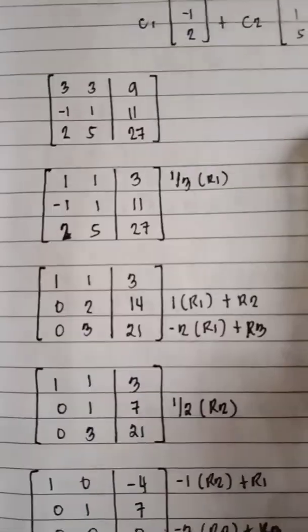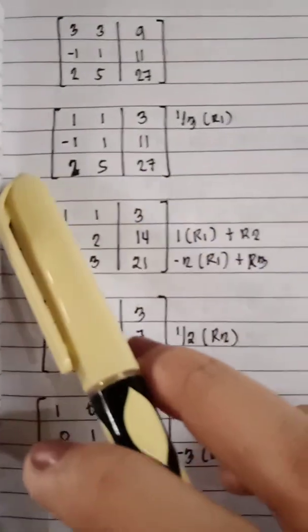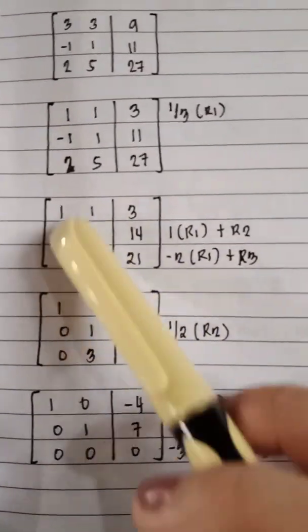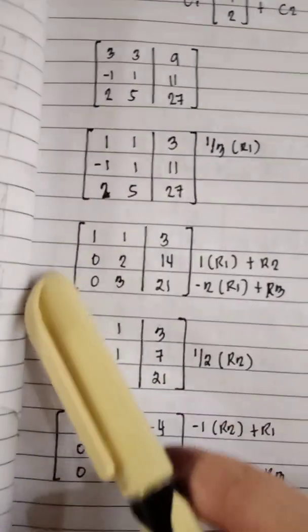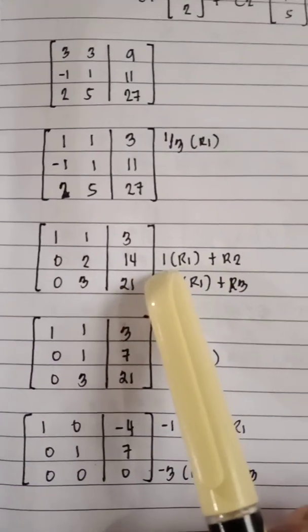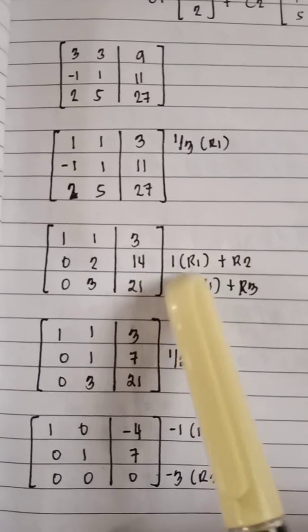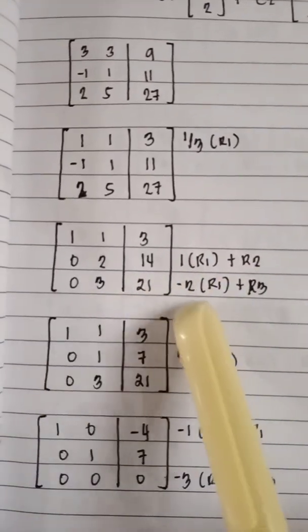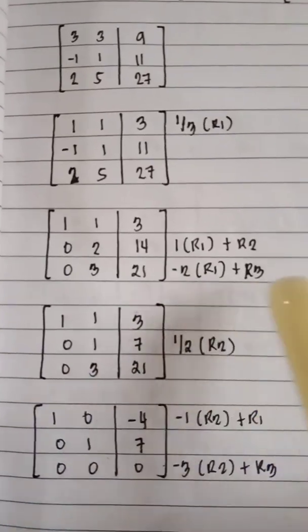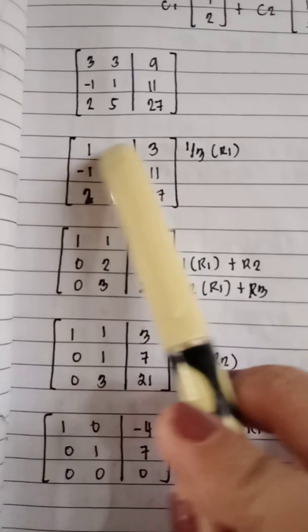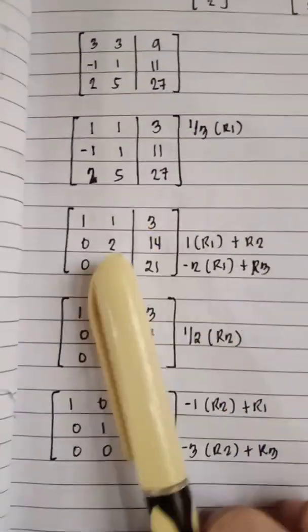Now, we will make this negative 1 and 2 equal to 0. In order to do that, we will use the formula 1 times R1 plus R2 in row 2, and negative 2 R1 plus R3 in row 3. First, we will just copy row 1, which is 1, 1, 3.